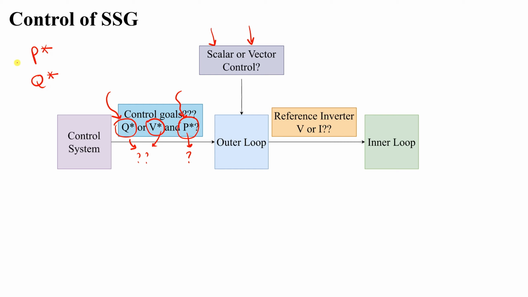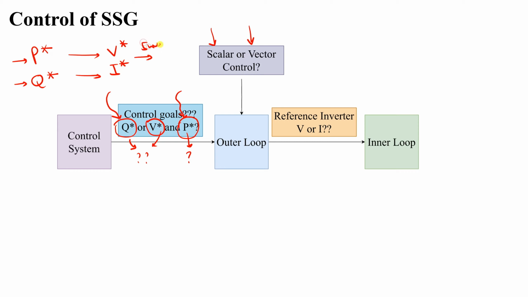Which I select by the controller itself. How much power you would like to feed to the grid, how much reactive power you would like to give, or zero reactive power, as you would like. By using these two values, you will get what kind of voltages or what kind of current that the inverter must give.